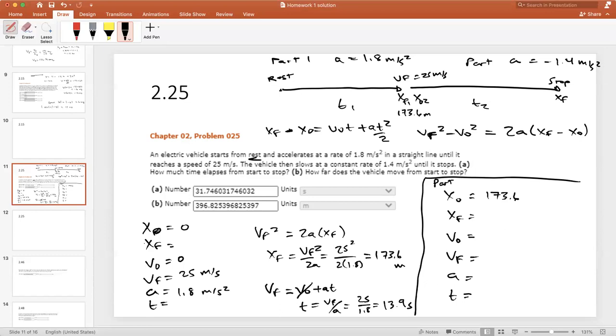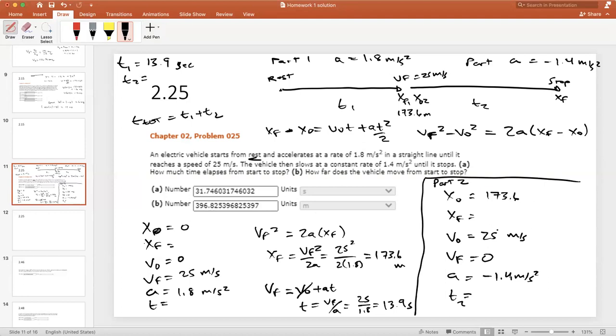V initial is v final of part 1. So this is part 2, sorry, which was 25 meters per second, but it comes to a stop, so 0. A is minus, we're decelerating by 1.4 meters per second squared. I don't know what T2 is. I'm going to put a subscript on that, because once I find T2, I'm going to add T1 and T2 together. And T1 is 13.9 seconds. T2 I don't know, but I get the total from adding T1 plus T2.